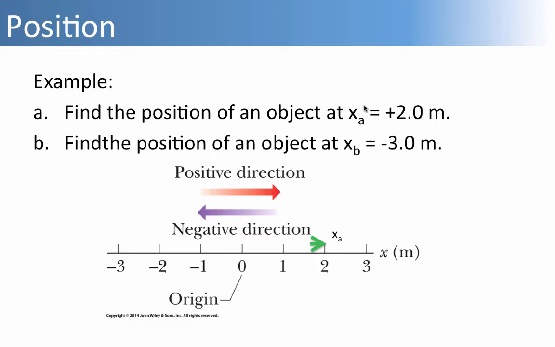So the plus 2 meters tells us where we are in the number line, and it's in the positive side. The position of an object at minus 3 meters would be there where the little blue arrow is. The arrows are just indicating the location. They aren't indicating a length.